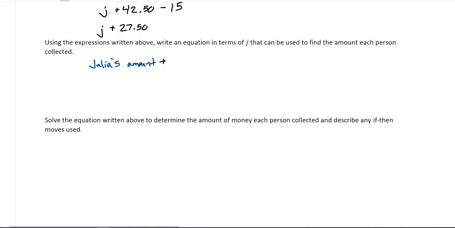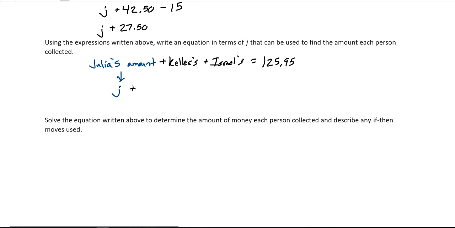So that total means when we add them all up, Julia plus Keller's plus Israel's, all that is going to equal $125.95. So we know Julia's amount was just J, because that's what we've been saying.